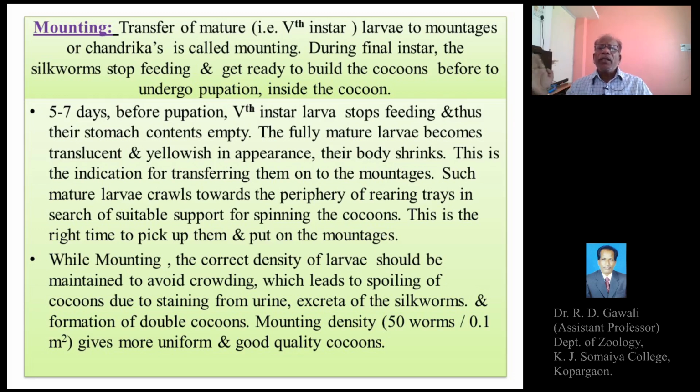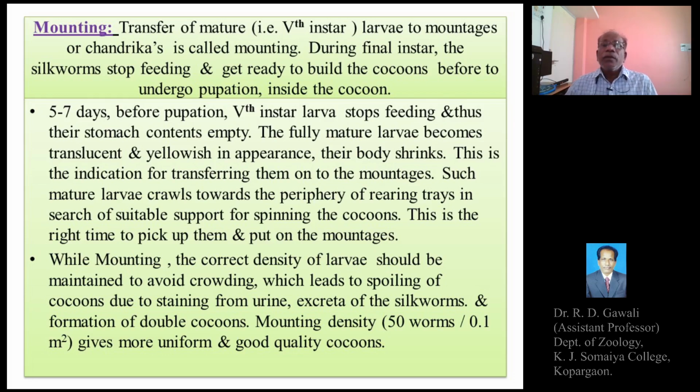At the end of larval development, the fifth instar or old larvae should be transferred to the mountages or chandrikas for spinning of the cocoon. The sericulturist starts transferring them so as to obtain cocoons as the crop of sericultural practice.